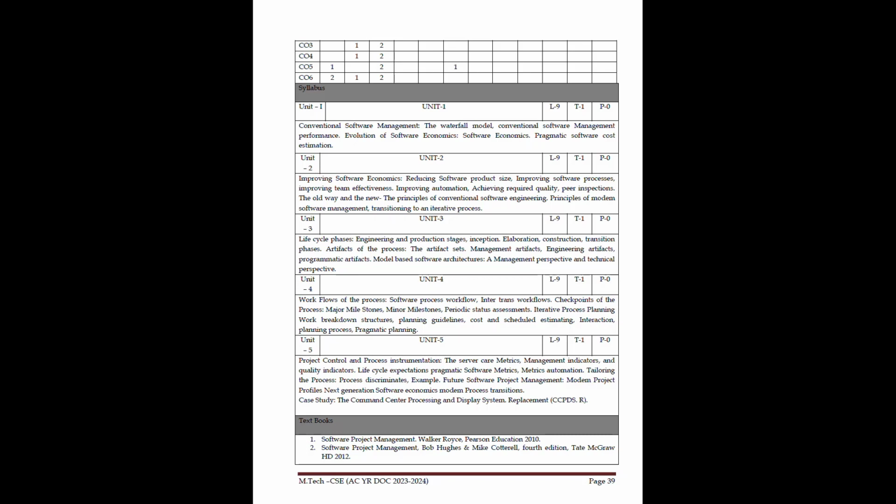Then a case study, the Command Center Processing and Display System Replacement, CCPDS-R, is something that you have to learn. So these are the 5 units. When it comes to the textbook, Software Project Management by Walker Royce, Pearson Education, 2010, is the textbook which is followed.